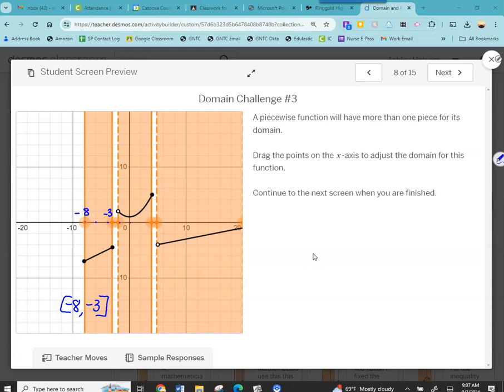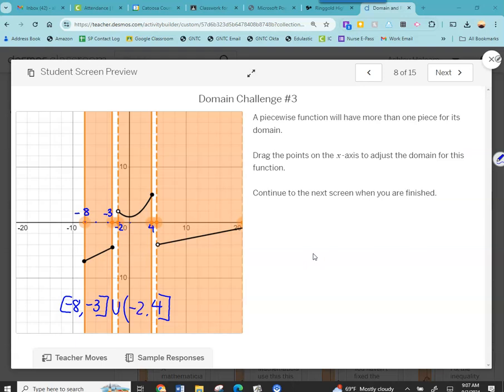Then we would have to do a union to say, okay, let's connect it to the next shaded section. This would be -2 to, this is 2, this is 4. So it would be -2 to 4. That -2 is actually an open circle, so it would be a parenthesis.